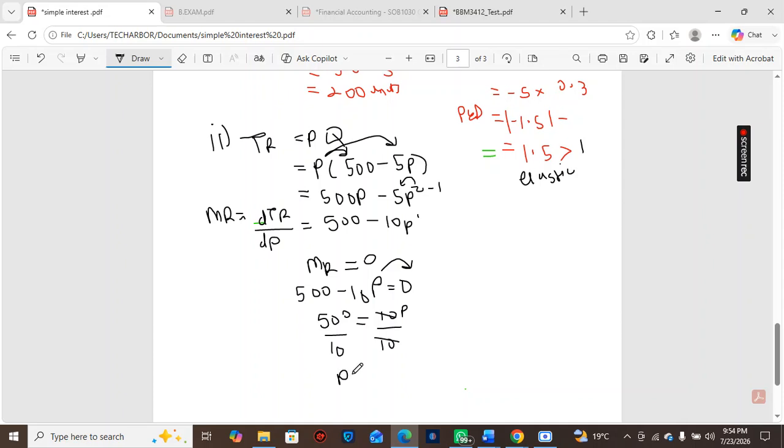P equals 50 ngwe. So this is the price that maximizes total revenue.